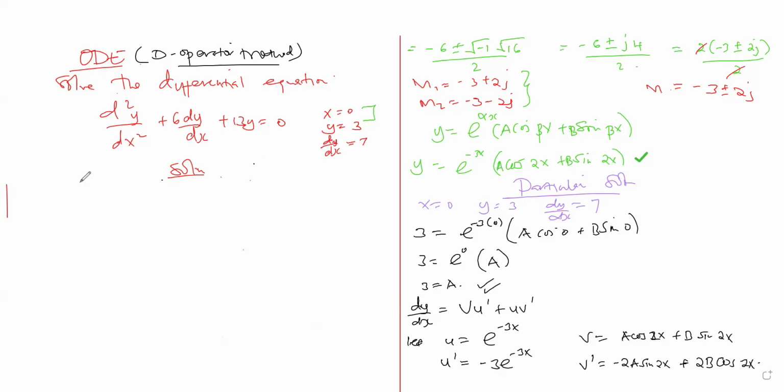So we know that our dy/dx will be given by v u prime. What is our v? This one is our v. What is our u prime? This one is our u prime. So we can have the exponent outside. You can just start with u, there's no difference. Exponent of 3x, then a cos 2x plus b sine 2x.